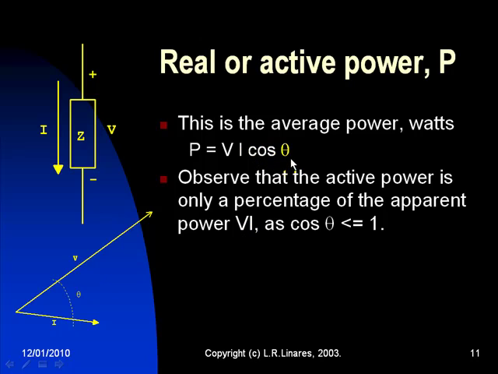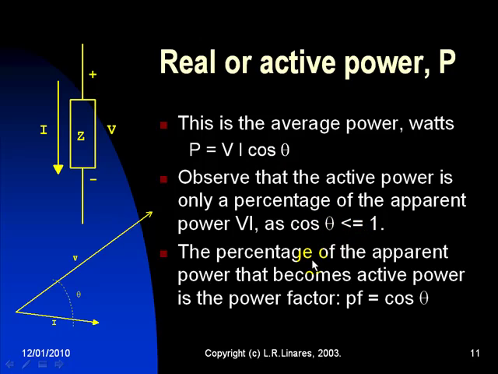And that percentage, of course, is going to be less than or equal to 1. The percentage of the apparent power that becomes active power is the power factor, cosine of theta. That is the name, and that is a concept that we introduced right now. Power factor, cosine of the angle of the voltage minus the angle of the current. Or should I say more properly, phase of the voltage minus phase of the current.